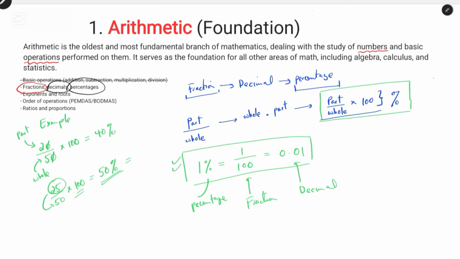In decimal, we can divide by 100 to get 0.40 in decimal. So we can see fraction times 100 now gives us a percentage.